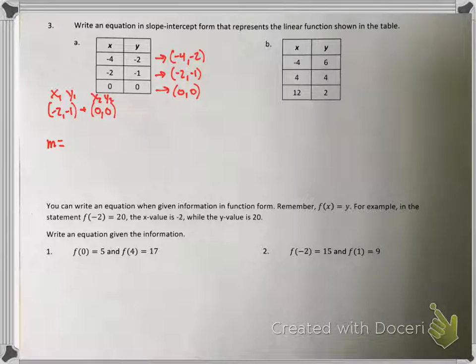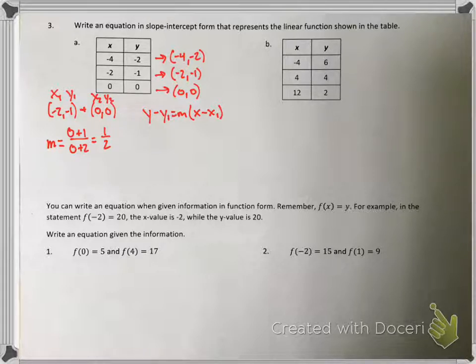We'll do y2 minus y1, so 0 plus 1, over x2 minus x1, 0 plus 2. I end up with a slope of 1/2. Once I have my slope, I'm going to use that and one of the points and start writing things in point-slope form, which we talked about yesterday. That's y minus y1 equals m times x minus x1.